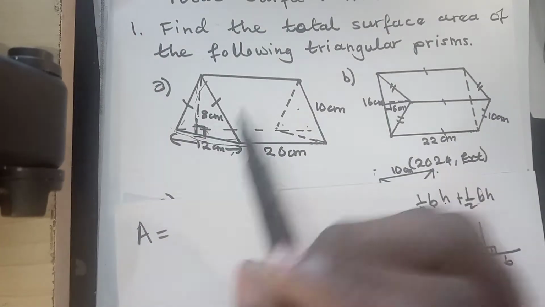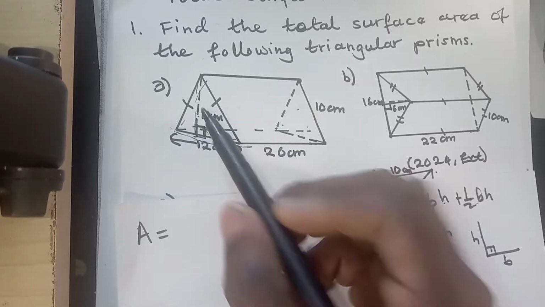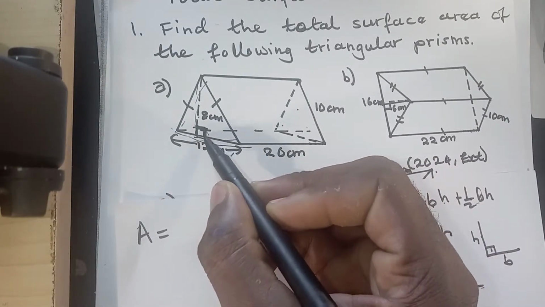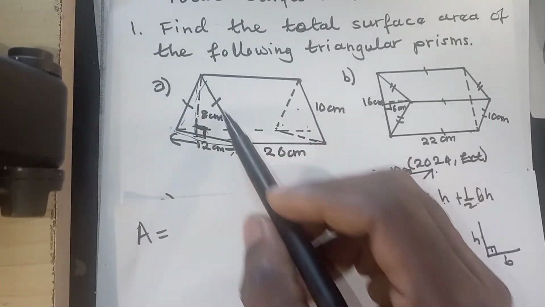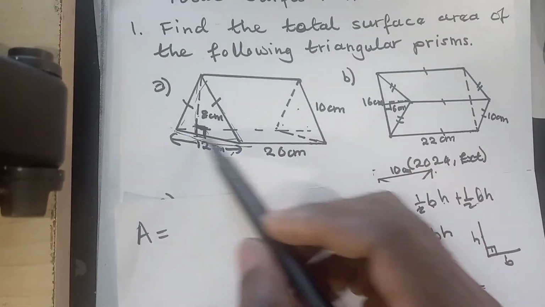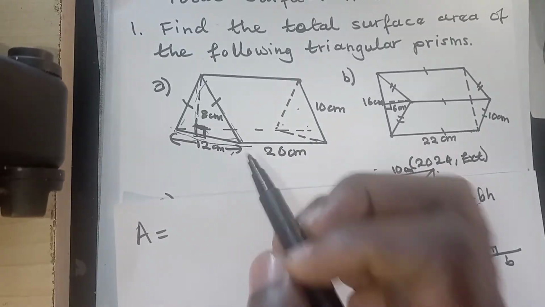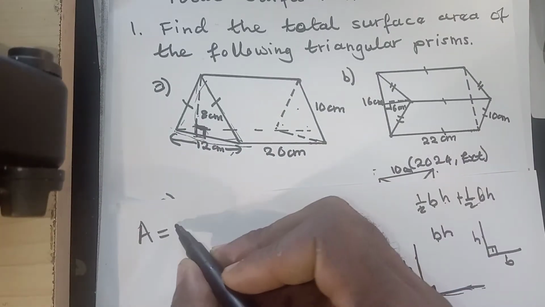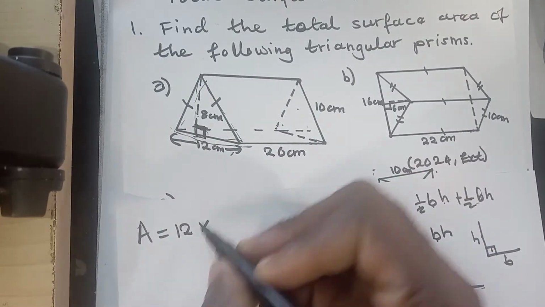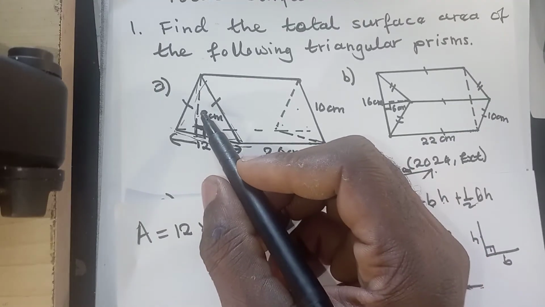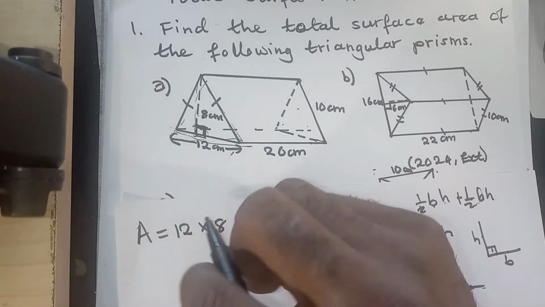In this case, we have this, which is perpendicular to this because of this square here. We're not going to multiply this by this, or this by this, or this by that. We are multiplying two sides which are perpendicular to each other. So we have 12 centimeters, which is perpendicular to 8 centimeters.